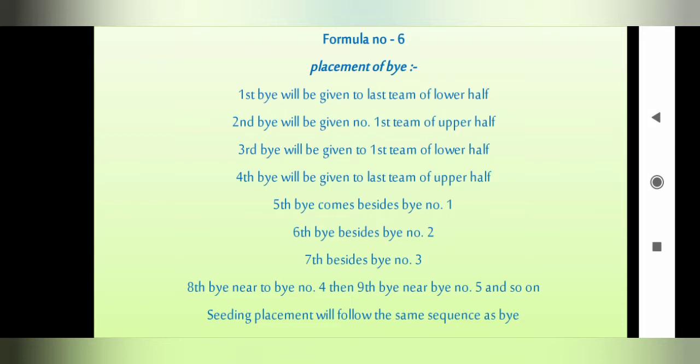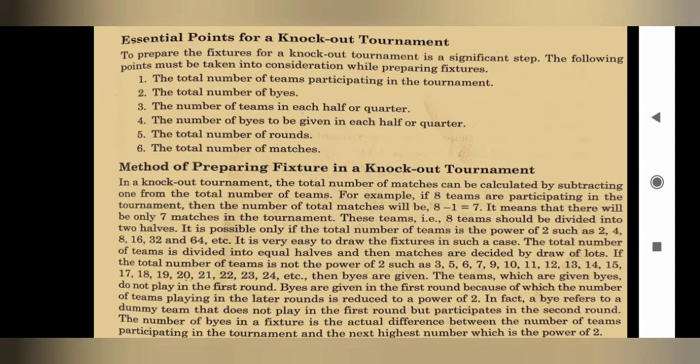And the seeding placement will follow the same sequence as the byes. It means if seeding is allowed in the tournament, and we give seeding to 4 teams or 2 teams, we use the same process to distribute them. Okay class, so let's move to the next page.